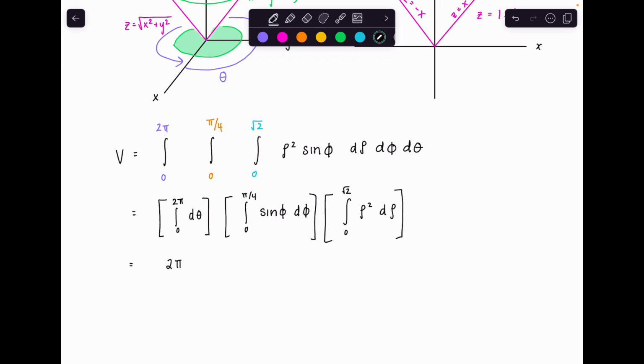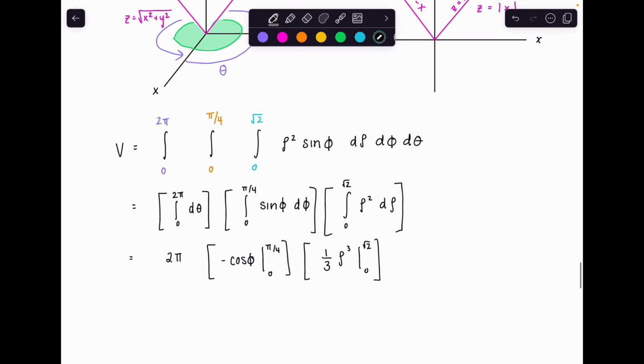First one we really just did, and again, this just turns to 2 pi. Antiderivative of sine of phi is negative cosine of phi, evaluated from 0 to pi over 4. And then this one's going to be 1/3 rho cubed, evaluated from 0 to root 2.